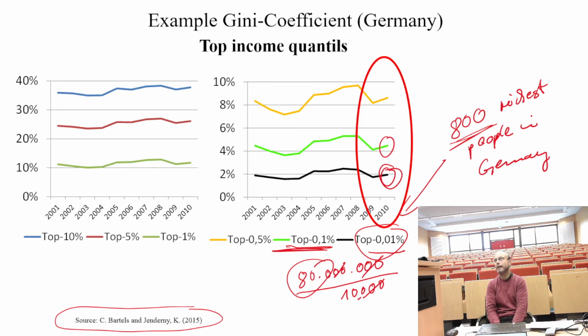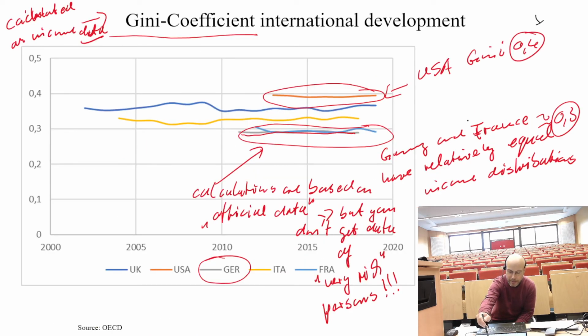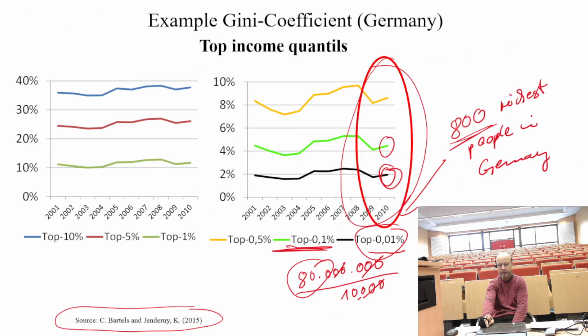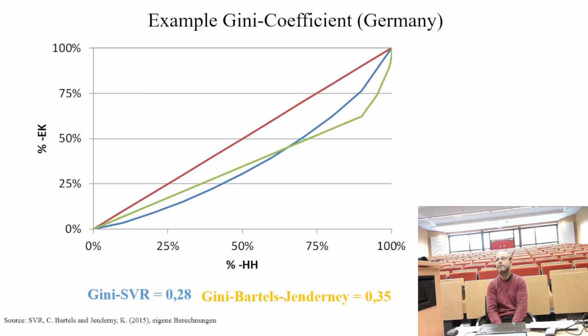Well, and this part of the distribution is not included in this Gini coefficient of 0.3 for Germany. And if you add this data, then you see for this year 2015, we don't have other data for this, that this was the Lorenz curve from official data.